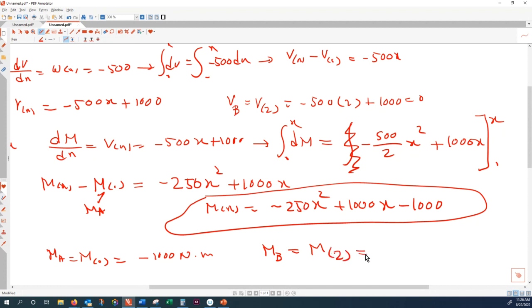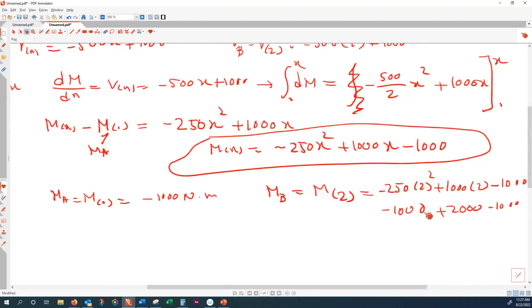So x equal to 2, let's find out: minus 250 times 2 squared, plus 1,000 times 2, minus 1,000. So that is minus 1,000 plus 2,000 minus 1,000. So the end value M of B is equal to 0.